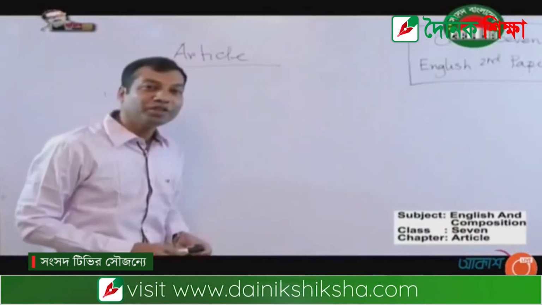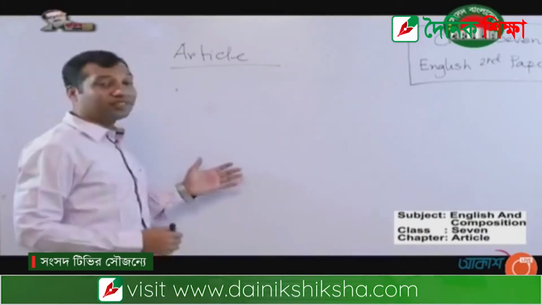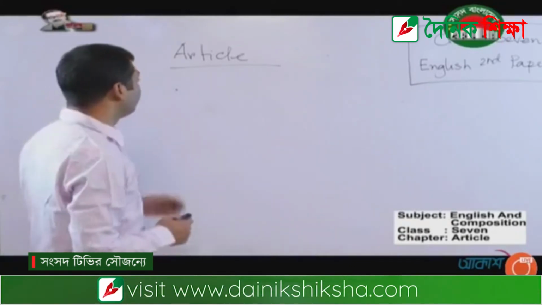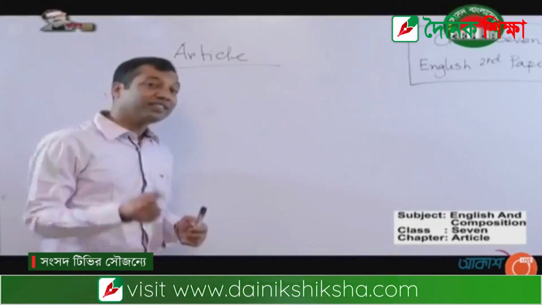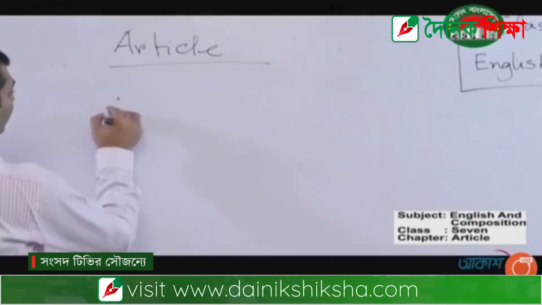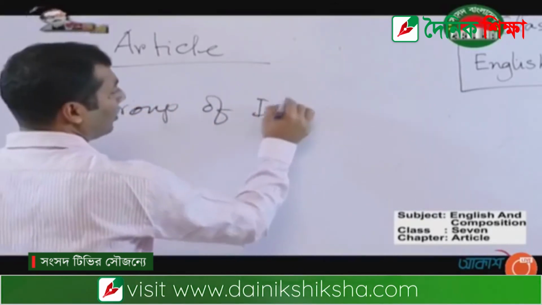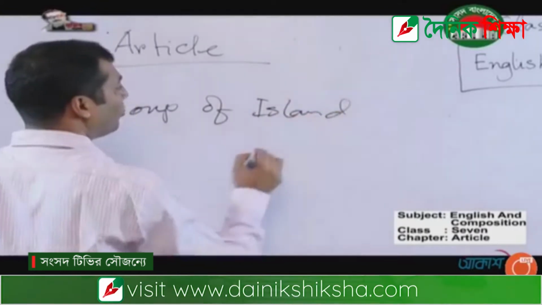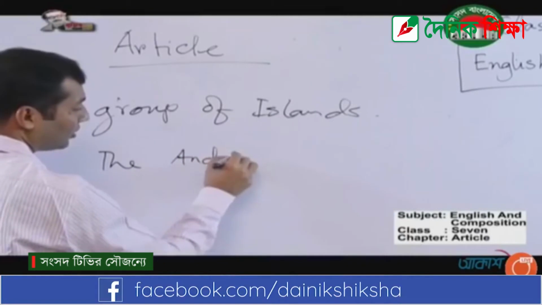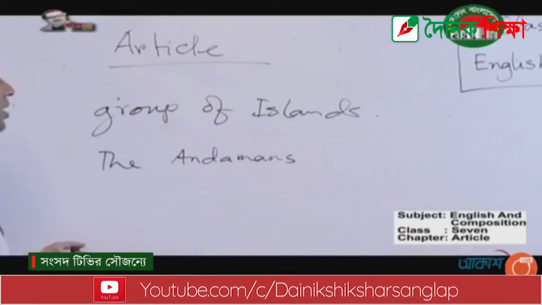Now, if you see a name that refers to a group of islands, you need to use the article the. But if it is a single island, no article will be used. For example, a group of islands, the Andamans.